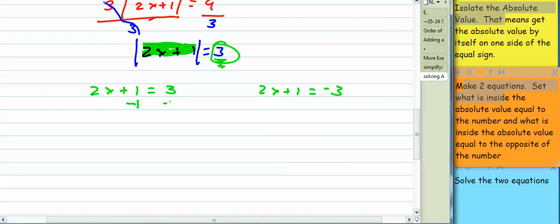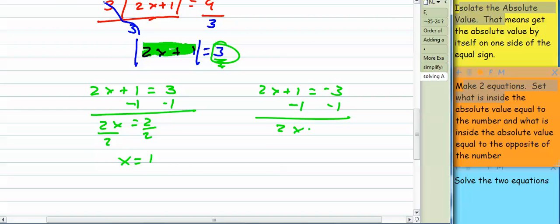Minus 1, 2x equals 2, divide by 2, x equals 1. Minus 1, 2x equals negative 4, divide by 2, x equals negative 2. And then we get 1, and we get negative 2. And that is our solution.